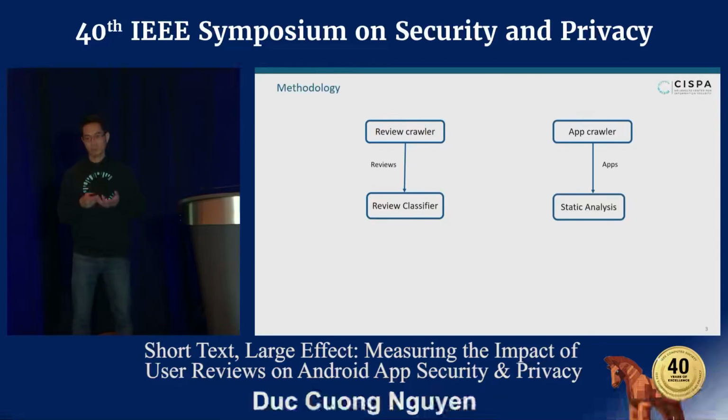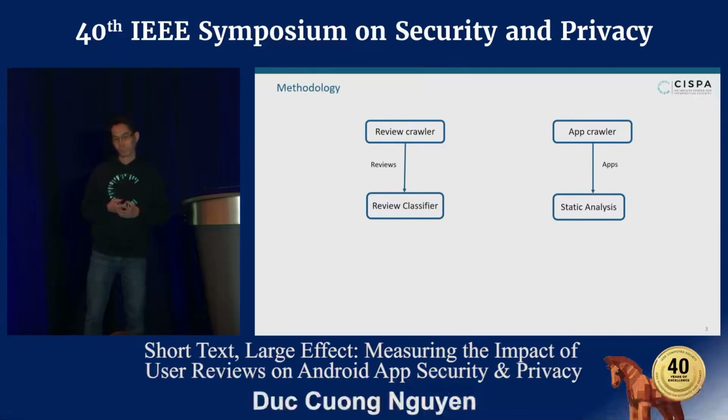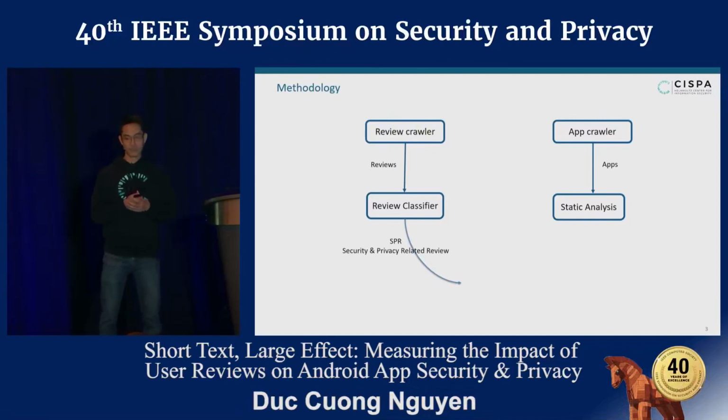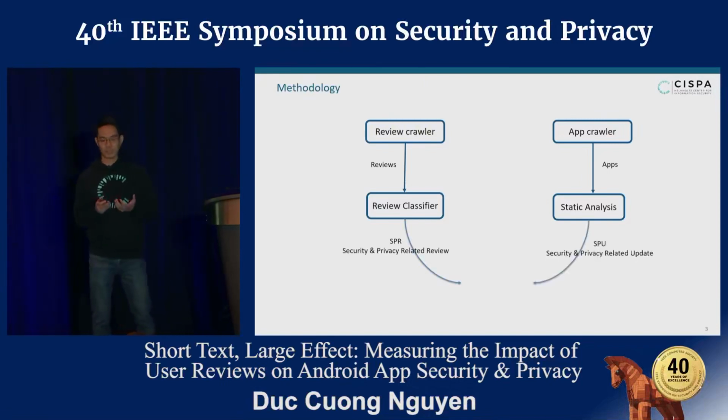On the other hand, we want to know whether a given update is security and privacy related or not. Therefore, we perform static analysis on the app version history. Once we have the set of SPR, which is the security and privacy related reviews, and the set of SPU, which is the security and privacy related app updates, we'll map them together using our SP mapping component.